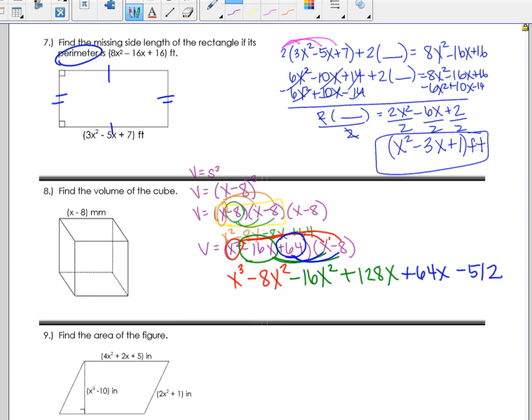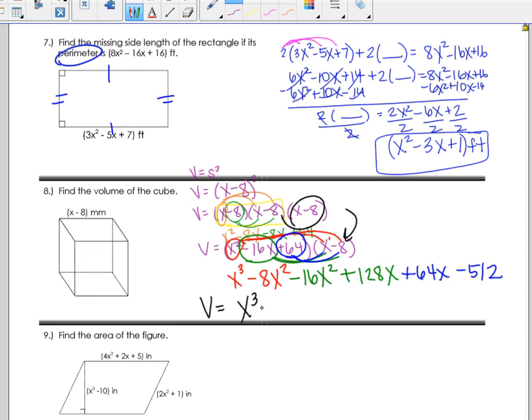So it's a lot of multiplying, but now we've officially multiplied all of our parentheses. So we did the first two in this step right here, cleaned it up, and then brought down this guy to right here and multiplied again. So our volume, when we combine like terms, is x to the third. These are nice because they all lined up.